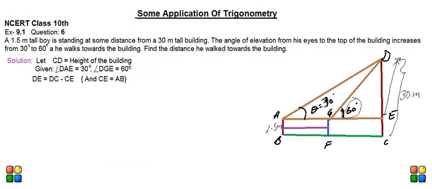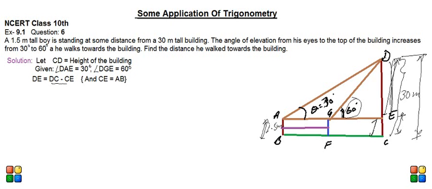So DE is equal to DC, that is the full height from here to here, and if CE is subtracted from DC, then we will get the value of DE. So we can write DE is equal to DC minus CE, and we know that AB, the height of the man, is equal to CE, since AB is parallel to CE, so the same value we will get.